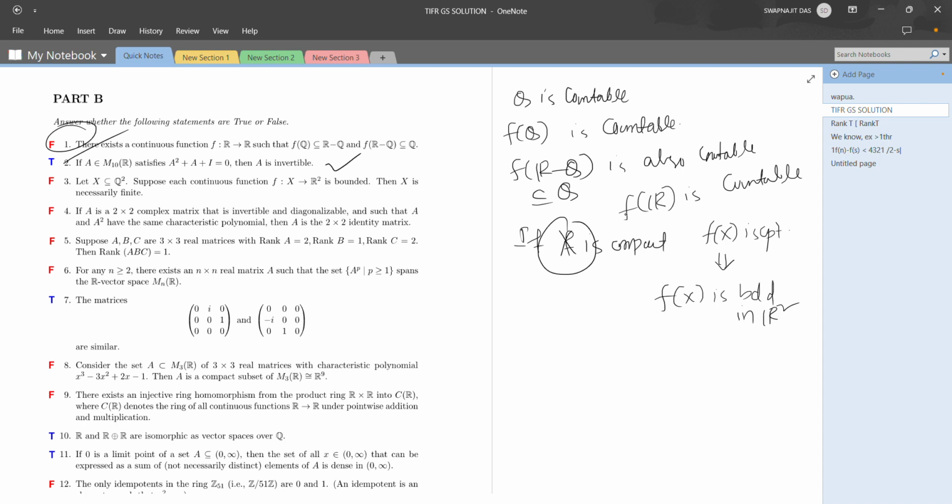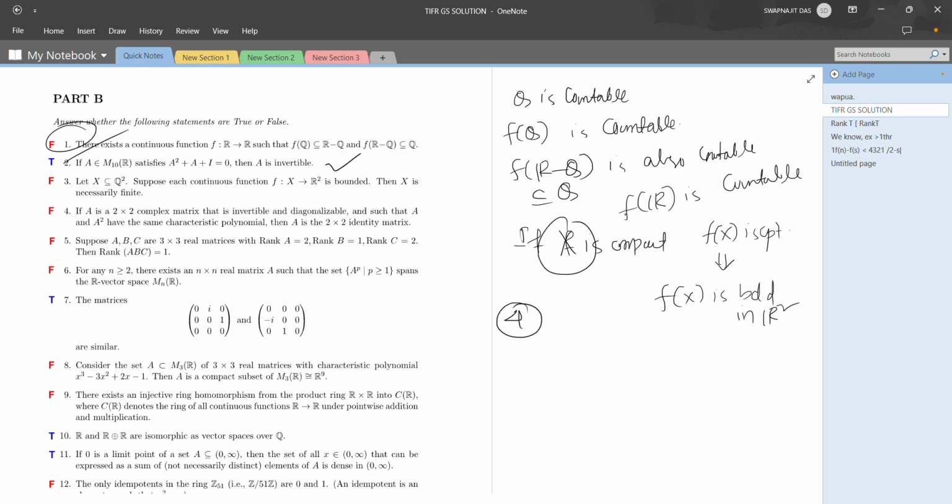You can particularly choose, say, 1/n, or (0, 1/n) union (0, 0), this closed set, that you can also choose. You can choose anything which is an infinite compact set here. Then we are done.